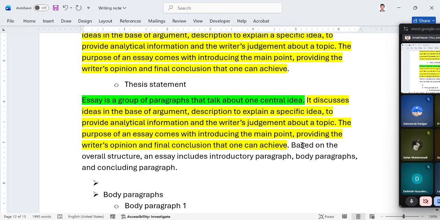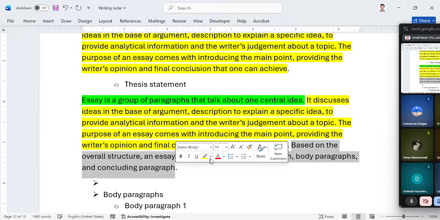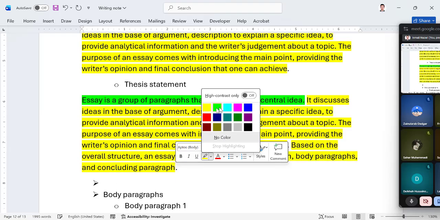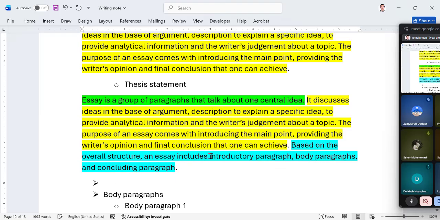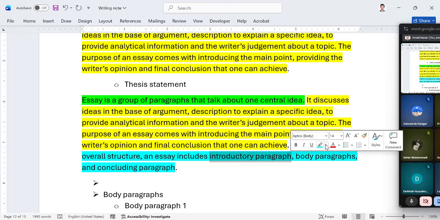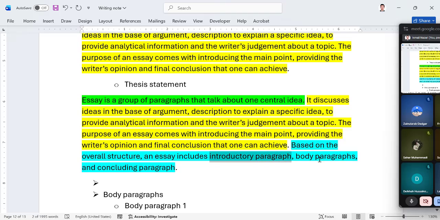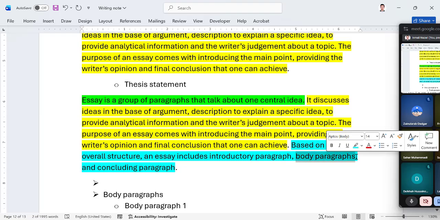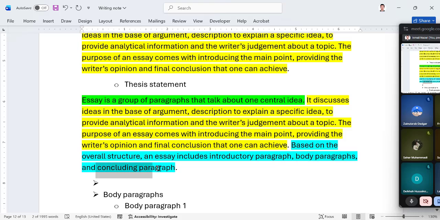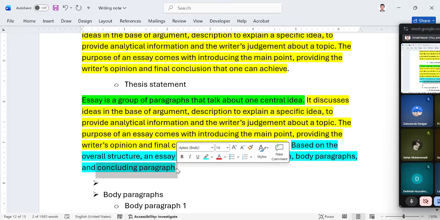It can be a thesis statement. Now the rest of my essay would be about these parts. First paragraph will be about introductory paragraph. What is introductory paragraph? Second would be discussing what are body paragraphs in an essay. The third would be what is concluding paragraph.